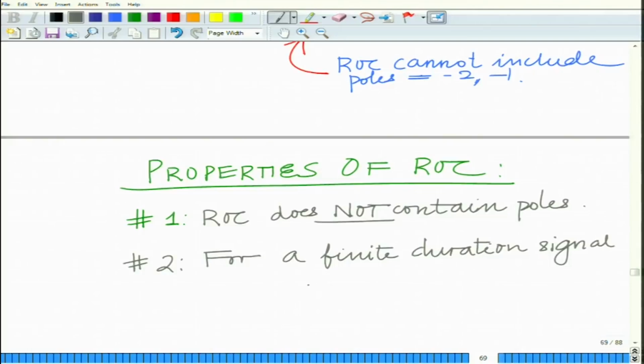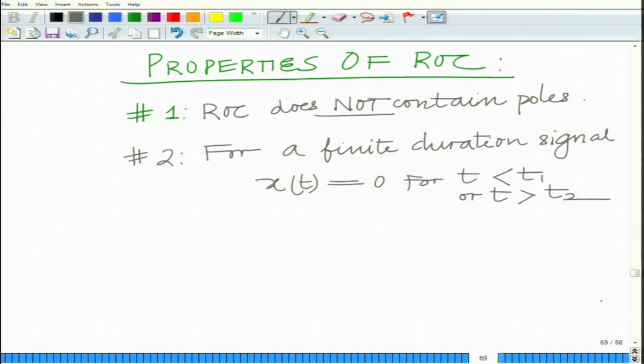For a finite duration signal, that is x(t) equal to 0 for t less than t1 or t greater than t2, the signal is non-zero only in the interval t1 to t2. It is a finite duration signal. For such signals, the ROC is typically the entire S plane.